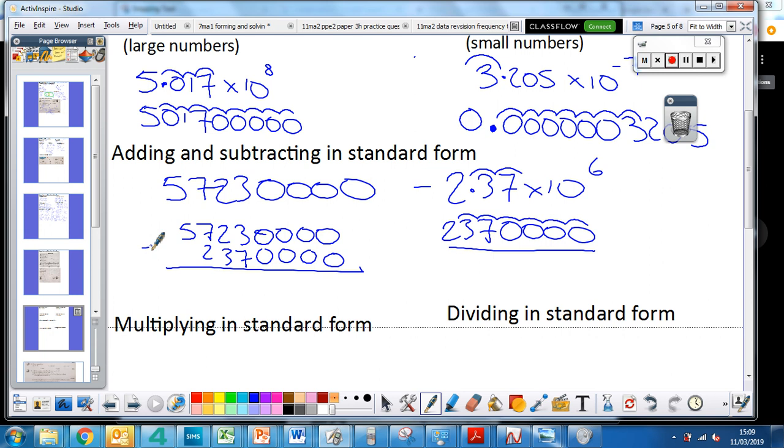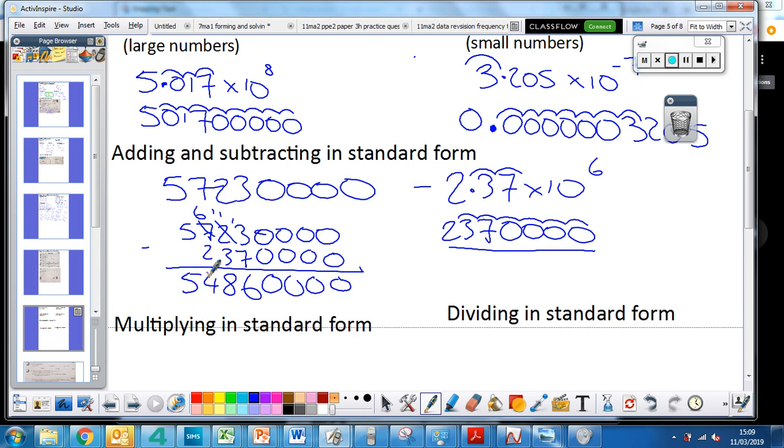So 0 takes 0, 0 takes 0, 0 takes 0, 0 takes 0. 3 take away 7. We can't do that, so we have to borrow 1 from here. That makes 13. 13 take away 7 is 6. 1 take 3. We can't do that in this method, so let's make that 6. Make that 10 over here. 11 take 3. 8. 6 take 2. 4. 5 take 0. 5. 5, 4, 8, 6, 0, 0, 0, 0.